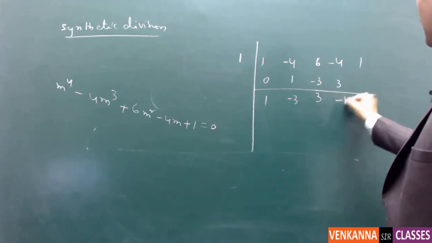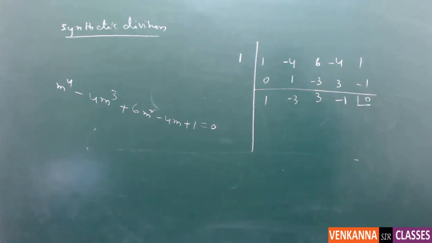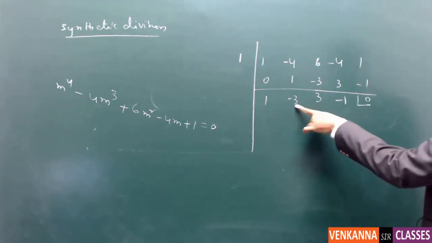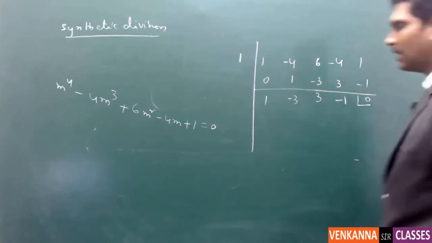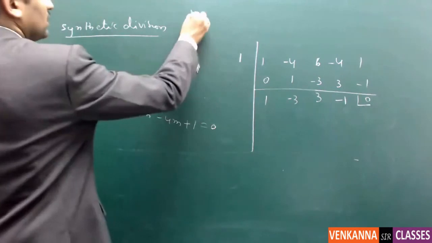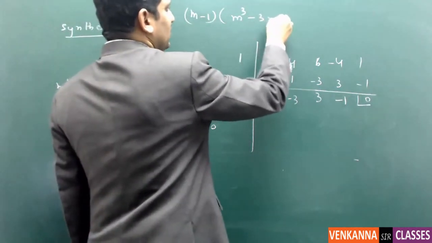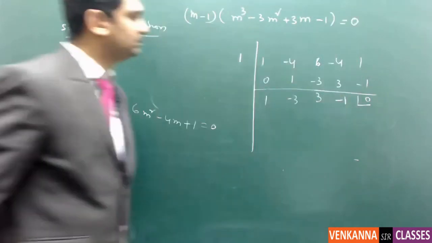Then 3, and -1, -1, if we add them, this is 0. So this is the constant, x coefficient, x squared coefficient, x cubed coefficient. So it will come as (m minus 1) into (m cubed minus 3m squared plus 3m minus 1) equal to 0.